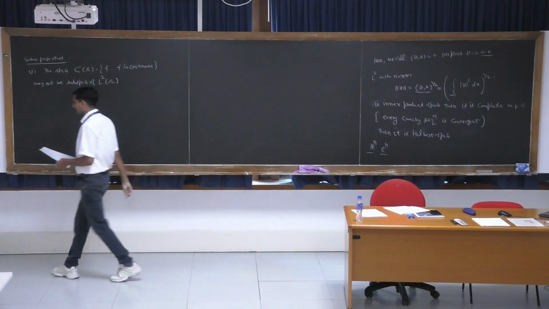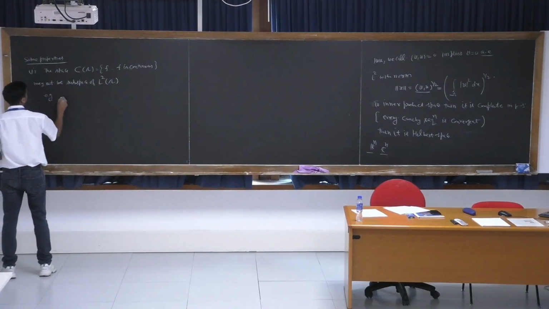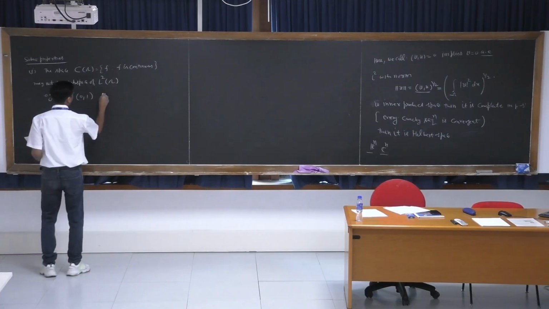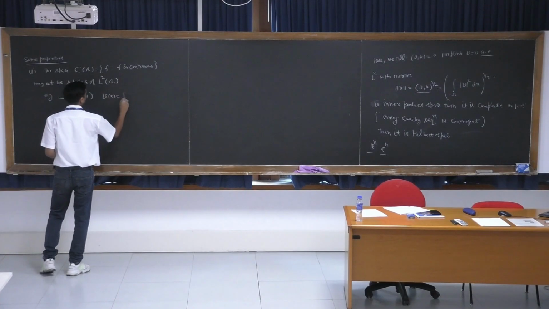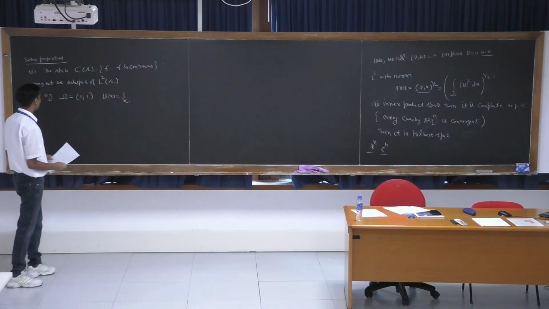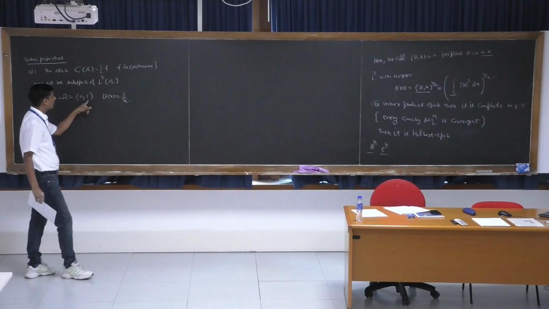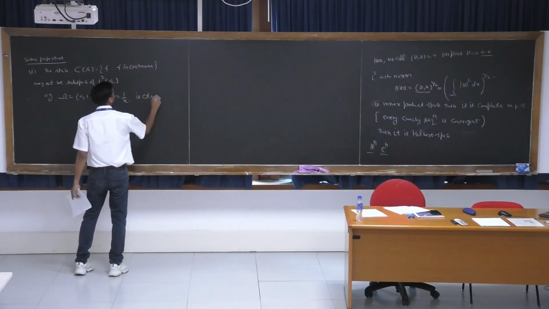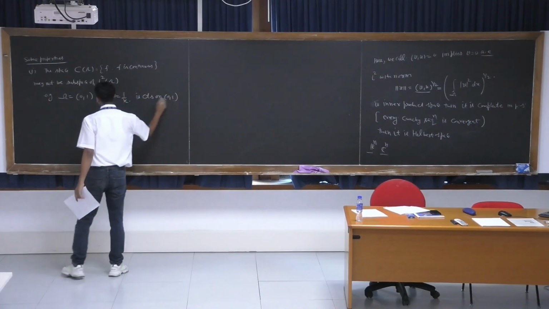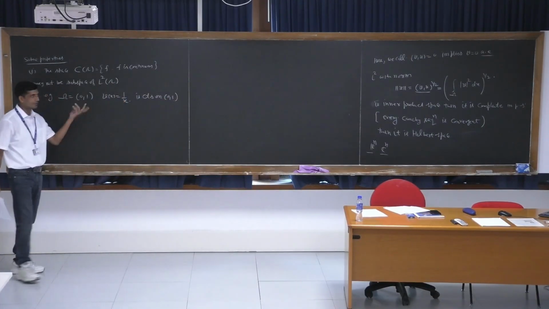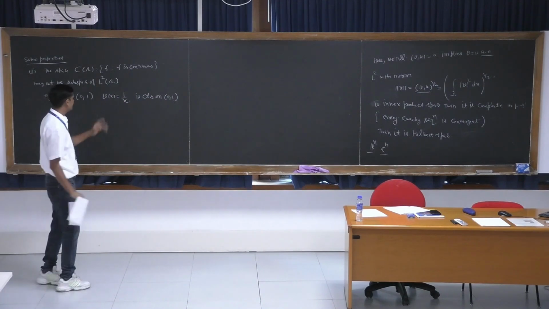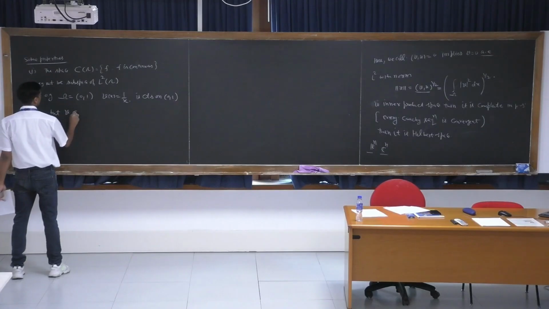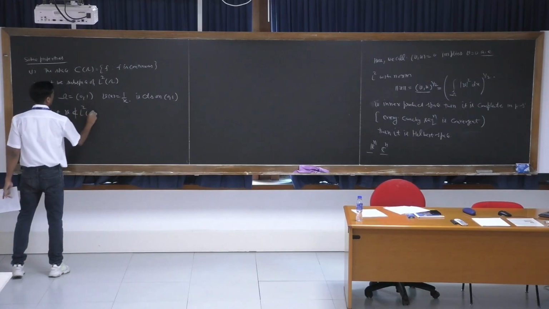How? I can give an example. Again the domain is the open interval 0 to 1, and Vx is 1 by x. You can see that over this domain 0 to 1, Vx is continuous because 0 is not included in this domain. So this is continuous, but V doesn't belong to L2 space.